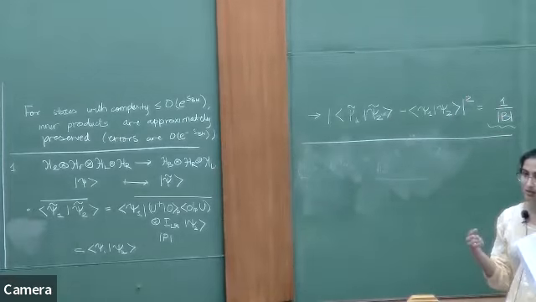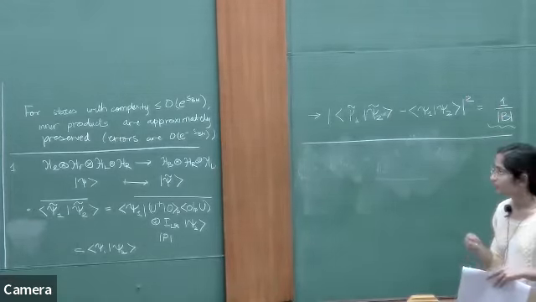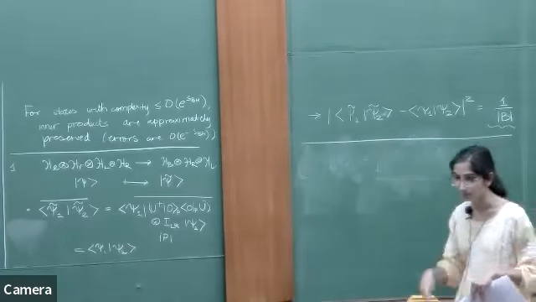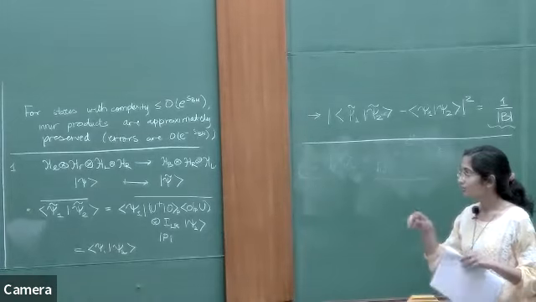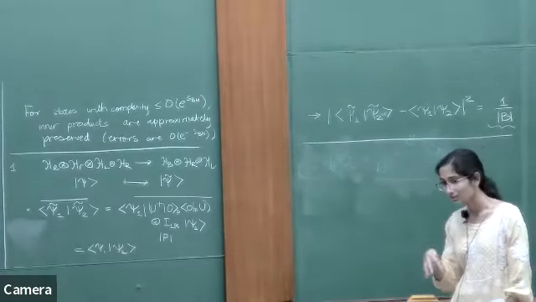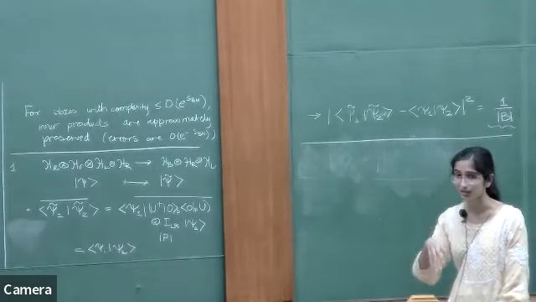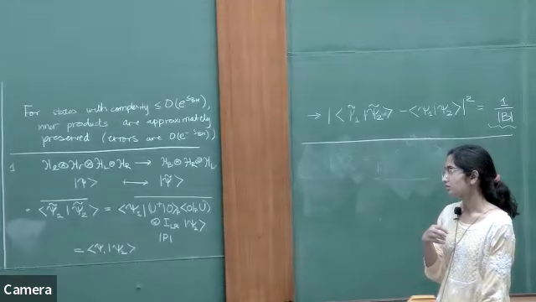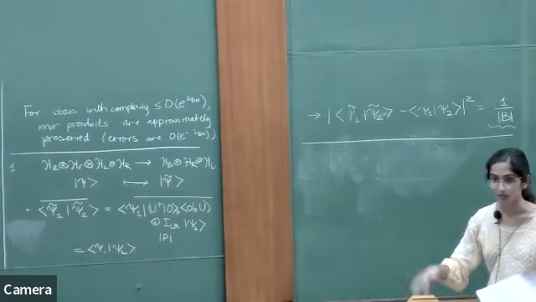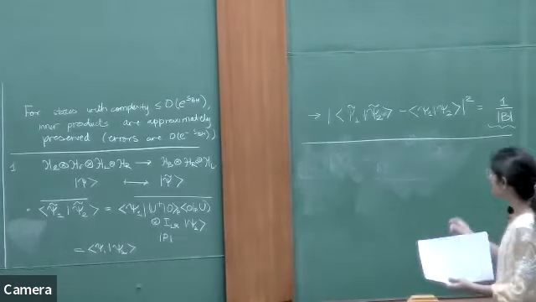If you have a Hilbert space of dimension LR, and LR is bigger than B, then the number of states in it, not a basis for it but the actual number of states, is exponentially large in the dimension of the Hilbert space.